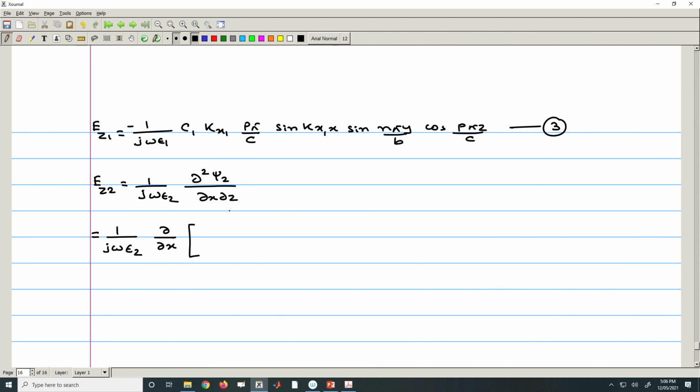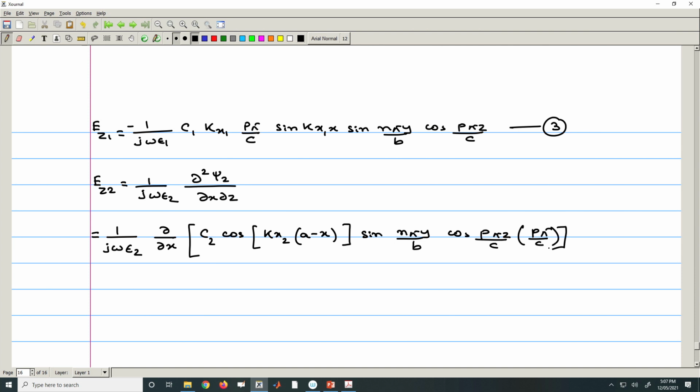So first with respect to z, we will get c2 cos of kx2 (a minus x), sin n pi y upon b, cos p pi z upon c. Since we are differentiating with respect to z, sin will become cos, and this will be p pi upon c.